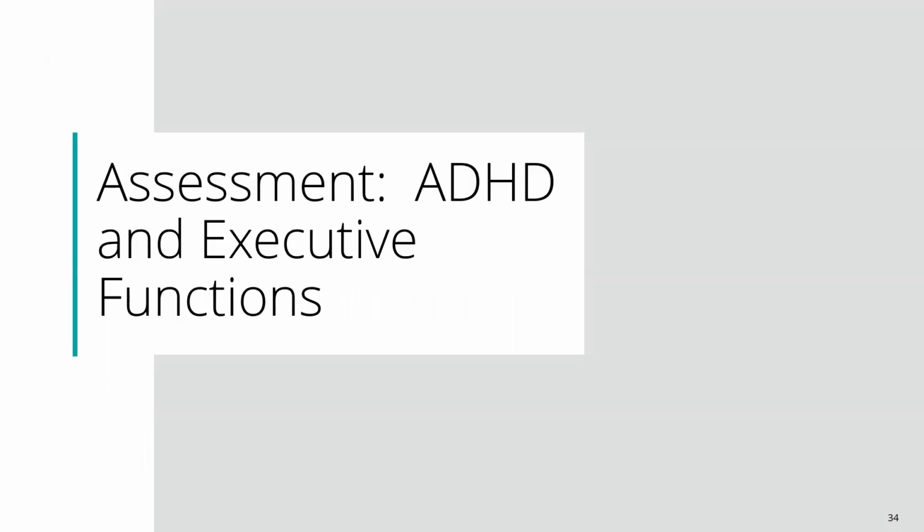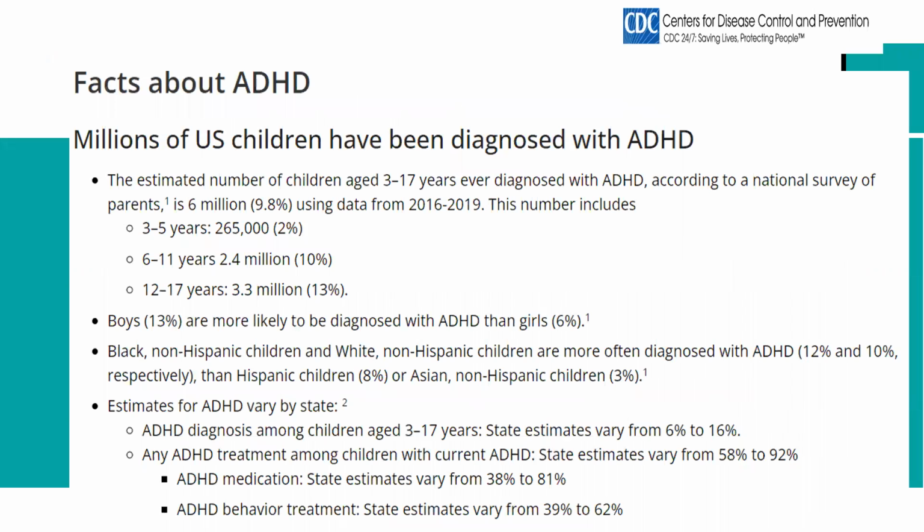I do want to also focus a little bit on ADHD and executive functions as part of our emotional and behavioral evaluation, and go into some of the tools that are included there. We'll start with a couple of facts. I'm not going to spend a lot of time on this, but these stats from the CDC reflect the most recent studies around prevalence rates in the US.